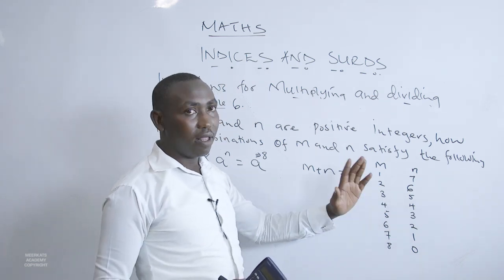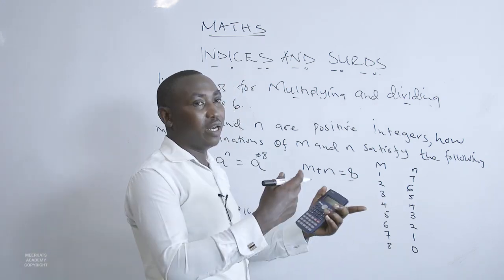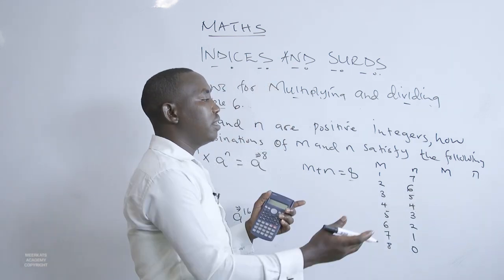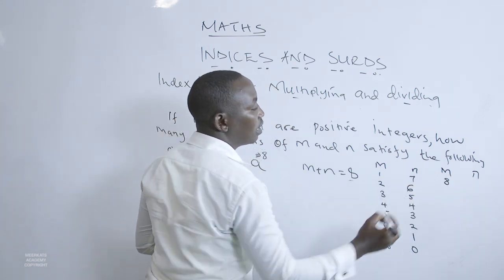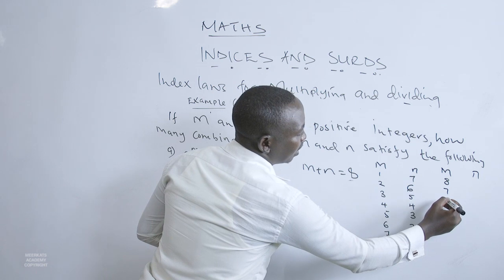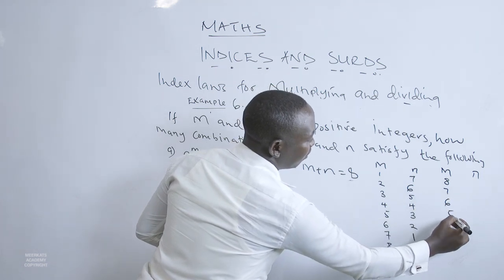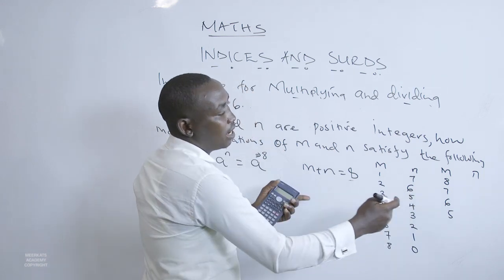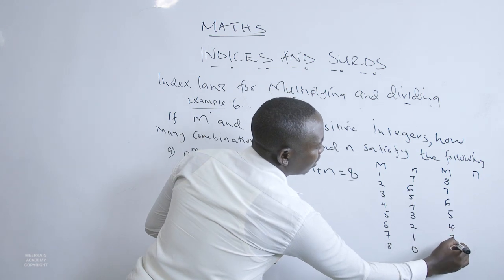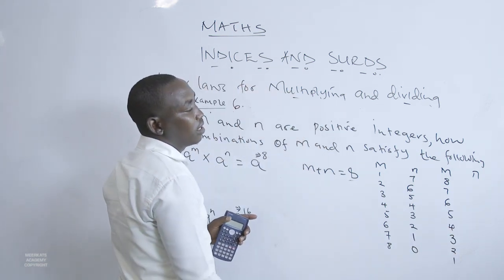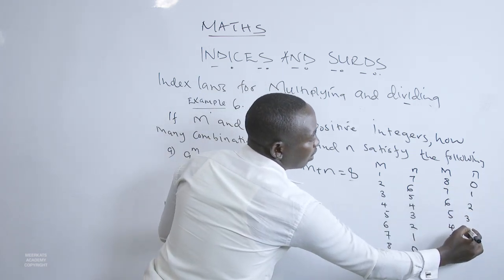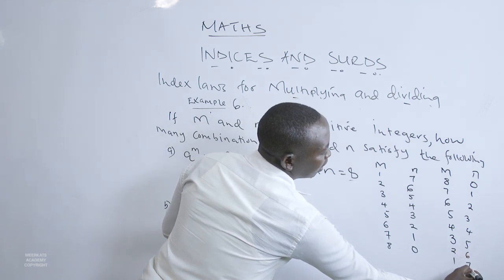But this is not the end. We can also have the reverse of this, so that we have M and N. Then we begin when this is 8. So 7, when that is 7, 6, 5, that is, the values of M are interchanging. 5, 4, 3, 2, 1. So we need to add 0, we need to add 1, 2, 3, 4, 5, 6, 7.